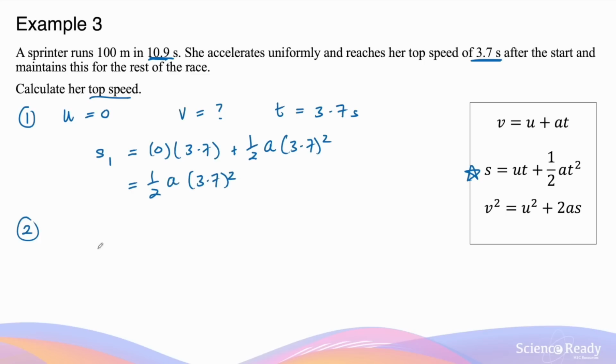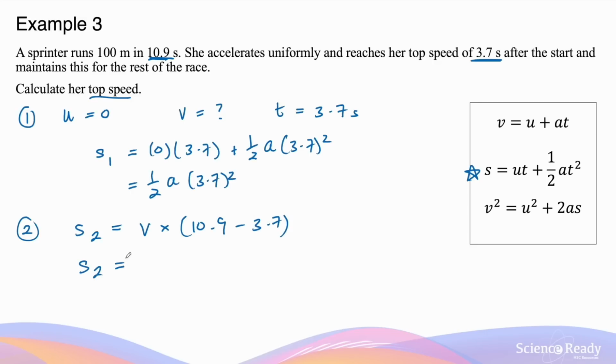The second interval is when the sprinter is moving at a constant speed without further acceleration. So the displacement covered in here will be the top speed achieved by the sprinter multiplied by the time. And the time here will be the difference between 10.9 minus 3.7 seconds, the remaining time of the race.